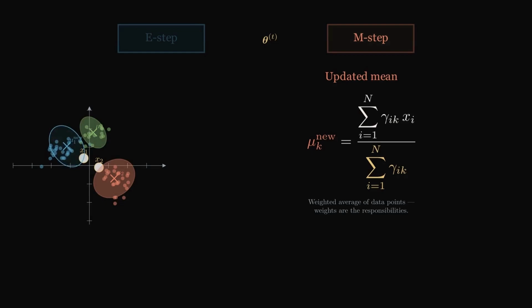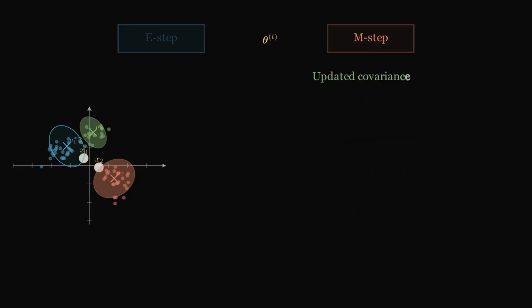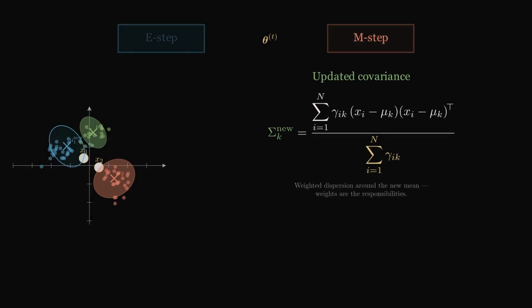We write mu_k equals the sum from i equals 1 to n of gamma_ik times x_i, divided by the sum from i equals 1 to n of gamma_ik. Updated covariance: this measures the dispersion of the data around each new mean.